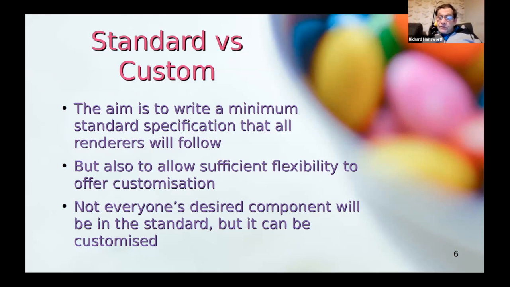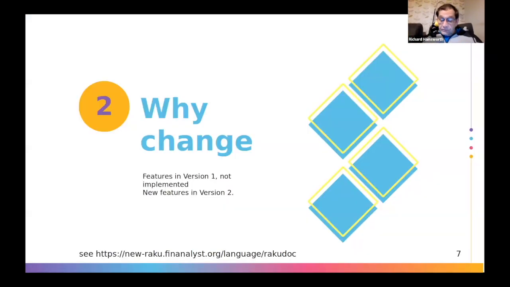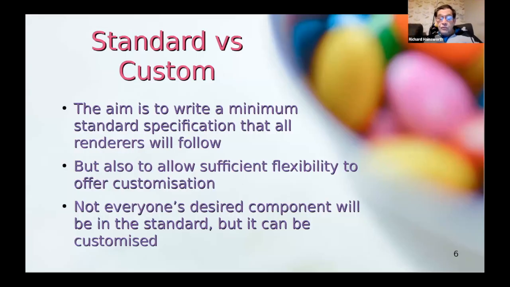The original specification is in a file called S26, which is one of the specification documents that is still current in a sense, and hadn't been completely transformed into the RakuDoc, the Pod 6 that was being used to write all of the Raku documentation sources.